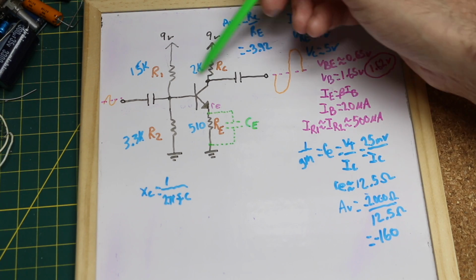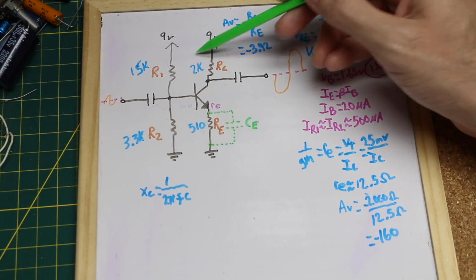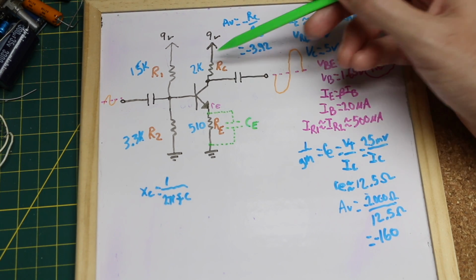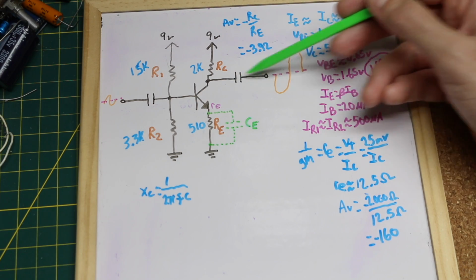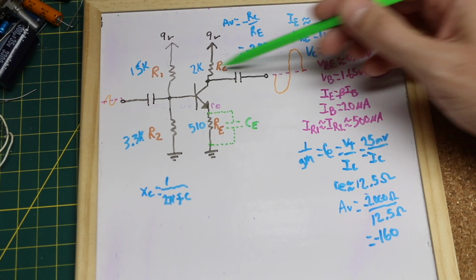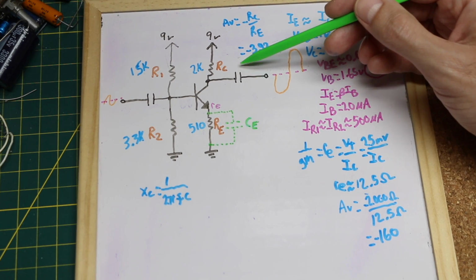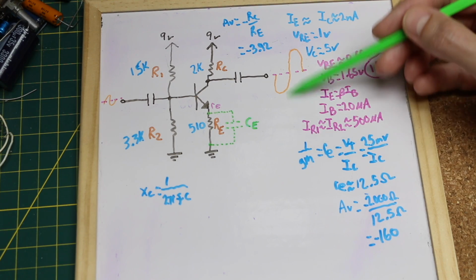So the output signal will have a source resistance of our collector resistor, in this case 2K, but that's going to be way less than the high impedance I'm connecting this up to, so I can ignore this signal source resistance. So then we have a high-pass filter with a capacitor and then a very high impedance to ground.